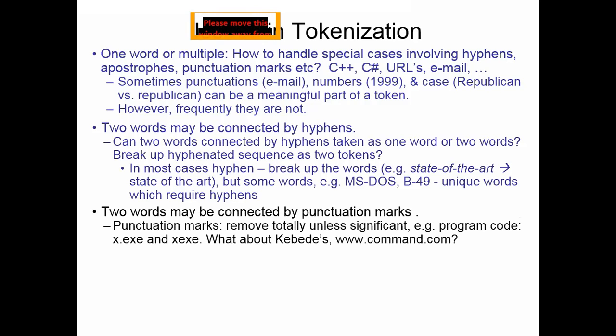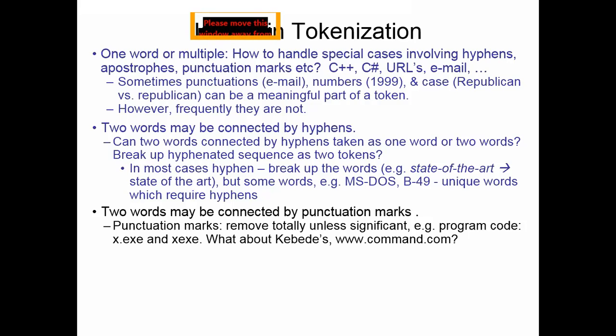State-of-the-art, state hyphen of hyphen the hyphen art, contains 4 words. If we are using them as one, they have their own one meaning. But if you separate them, some of them are common words, some of them are content-bearing words, but those words may have a different meaning. State, different meaning. Art, different meaning again.